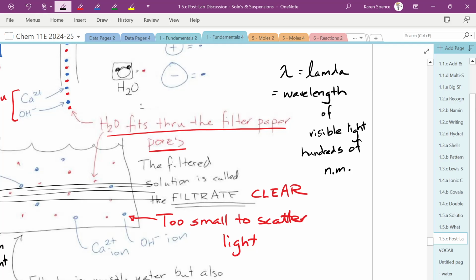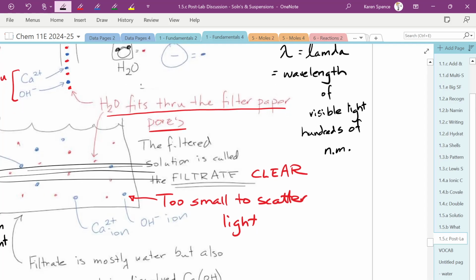And these little particles, they are about 1 nanometer or less. Okay? So, 400 to 700, I think, nanometers. And the ions themselves are like 1 nanometer or less. So that's why they're not big enough to scatter the light, because the wavelength is so much bigger than the particles.